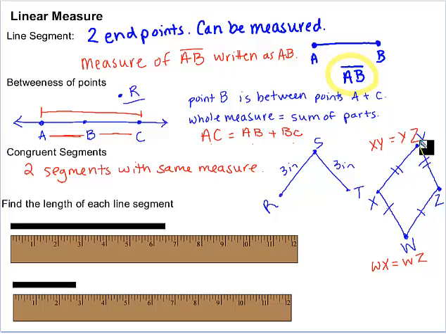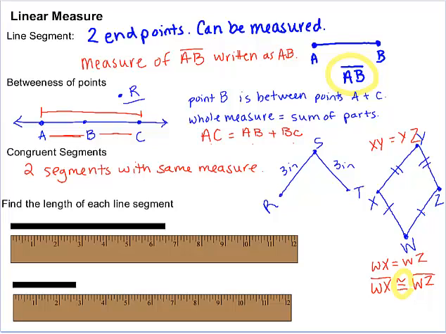Now notice we're using the equal to sign because we're referring to measurement. If we want to refer to congruence, we have to talk about the line segments themselves. So here we would say WX, the line segment, is congruent to WZ. And this is our congruent to symbol. It has an equal mark with that squiggle or the tilde mark on the top.